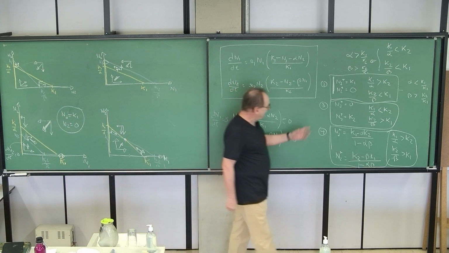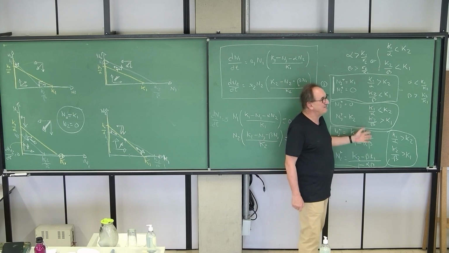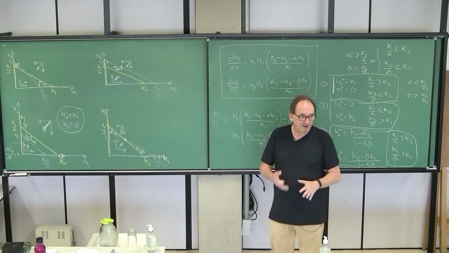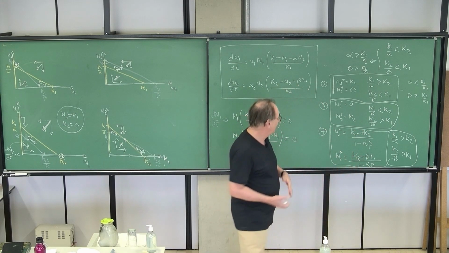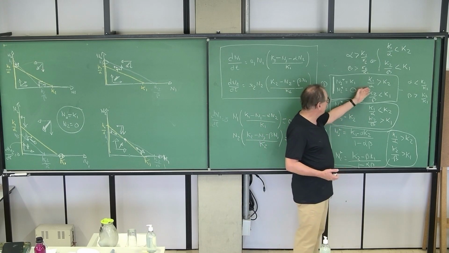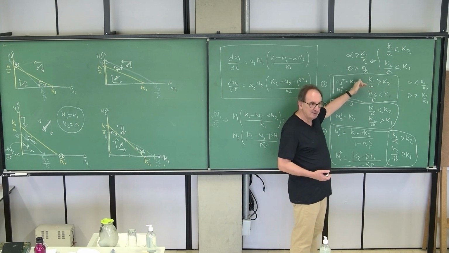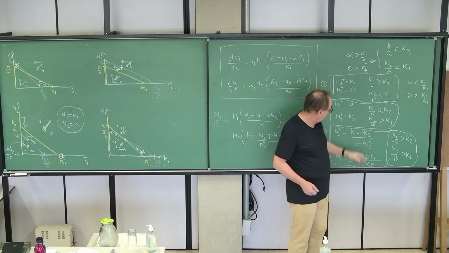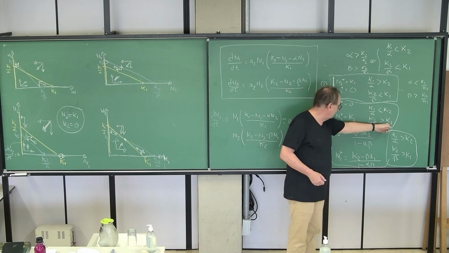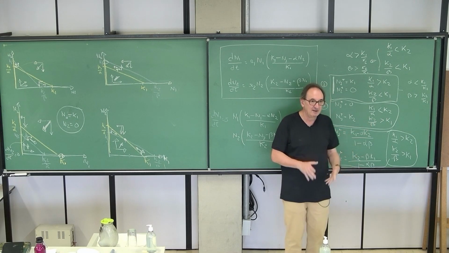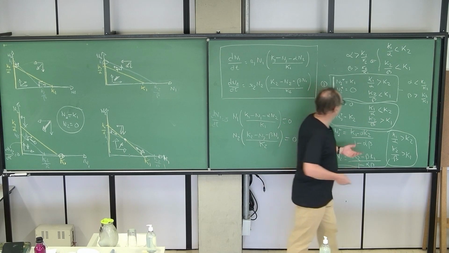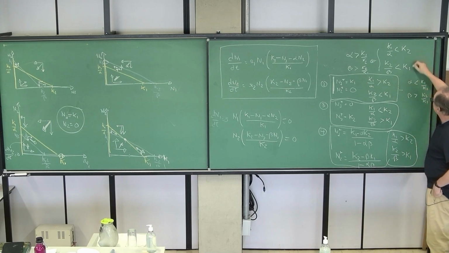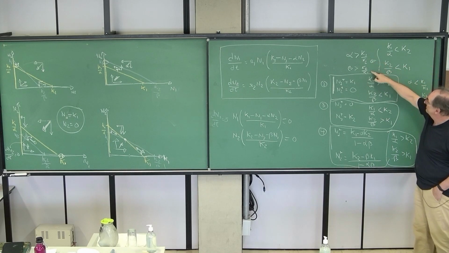Everything depends on the relation between alpha and K1 over K2, it can be bigger or smaller, and the relation of beta to K2 over K1 being bigger or smaller. If you look here, both of them are big.